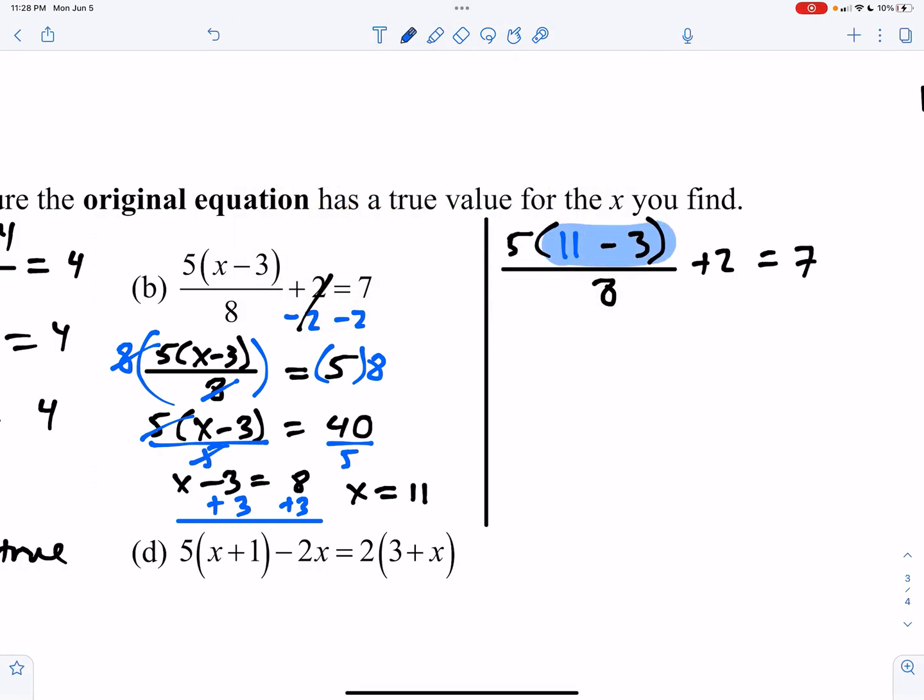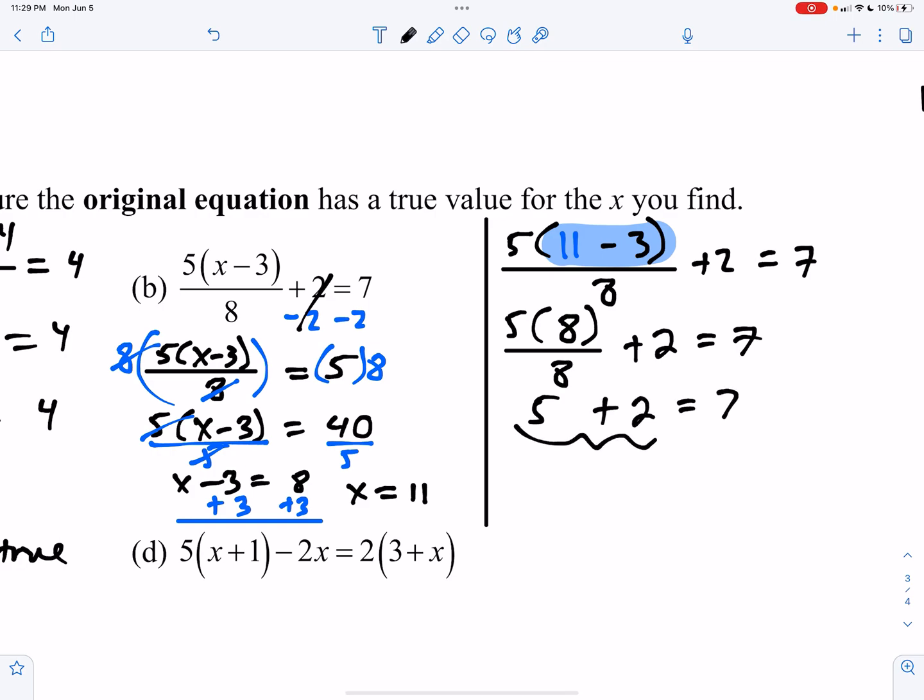So we're going to go 5 times 11 minus 3 is 8 over 8 plus 2 equals 7. Well, 40 divided by 8 is 5. So this becomes 5 plus 2 equals 7.